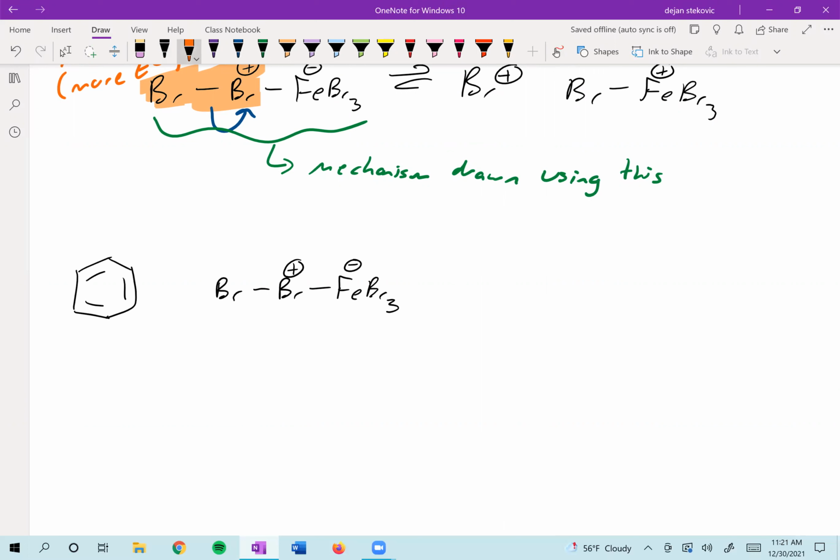Don't forget all of these charges and everything. Your nucleophile is simply going to attack your electrophile, and then we're going to break off this bromine-bromine bond. So that's the first step: the nucleophile attacks E plus.